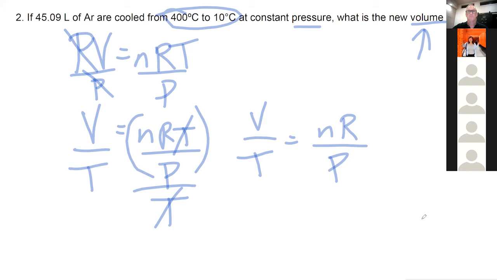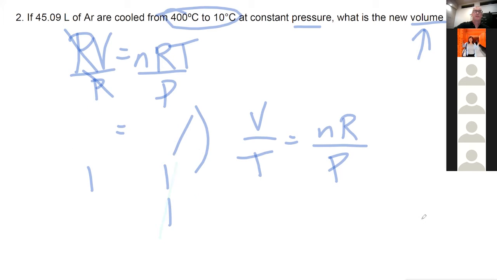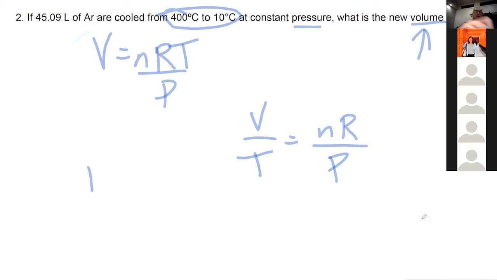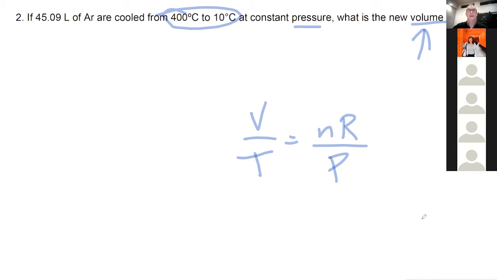Okay. So the advantage of doing that is that now I have the relationship between volume and temperature. And I can see that n, what does n stand for?